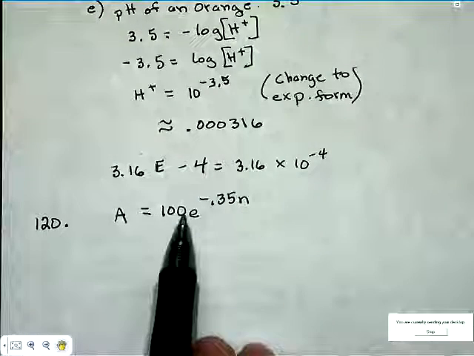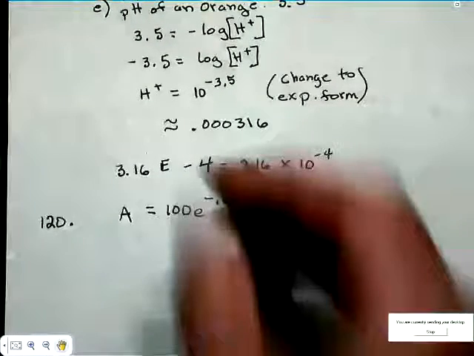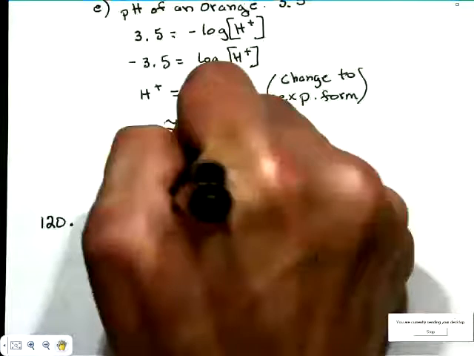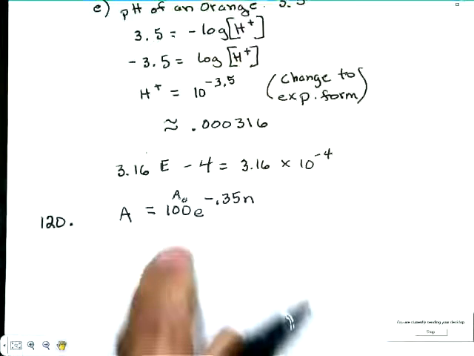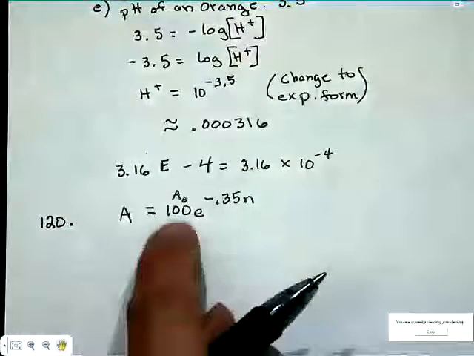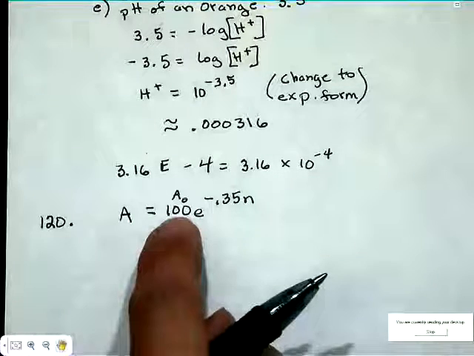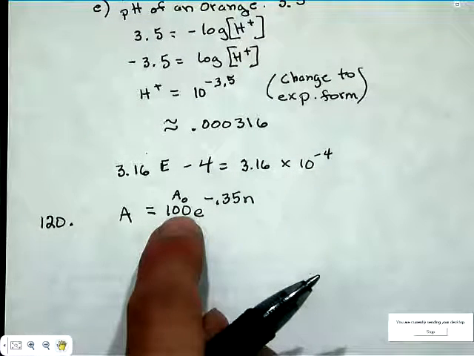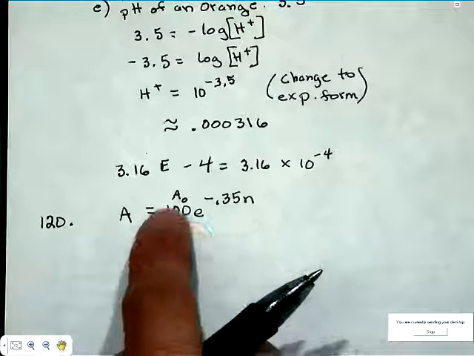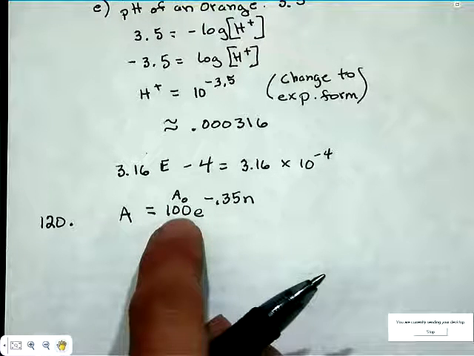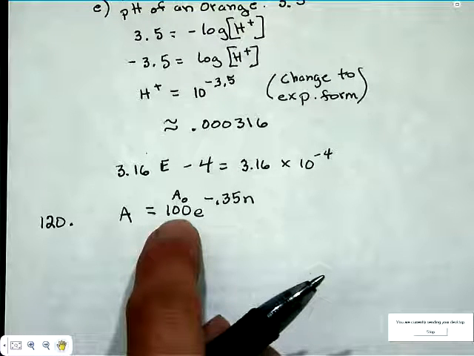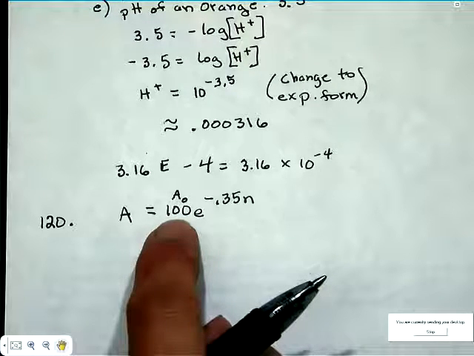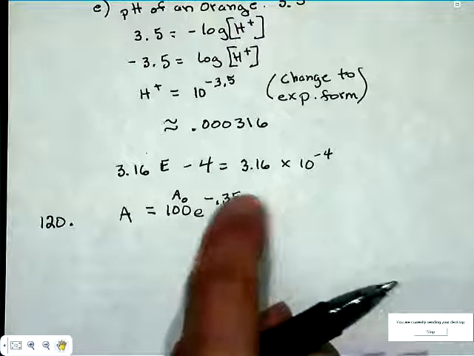By the way, in the book, the original formula has A sub 0 right there for original size, but then in the next sentence they told us the original size is 100. So this is a wound that started out 100 square millimeters, and we're looking for when it will be half of its original size. The word when tells us that we're trying to find this number of days.